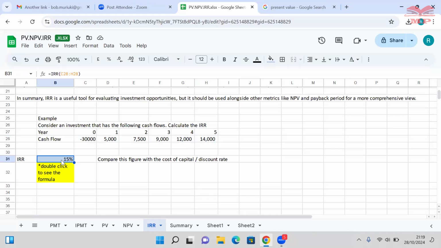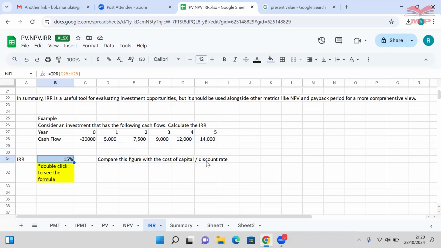So you will compare this with what is called the cost of capital, or the discount rate that you have been given in a question. The question will have given you a discount rate, but the result of applying the IRR to these numbers will also be a percentage. You will compare this percentage with the discount rate you have been given.